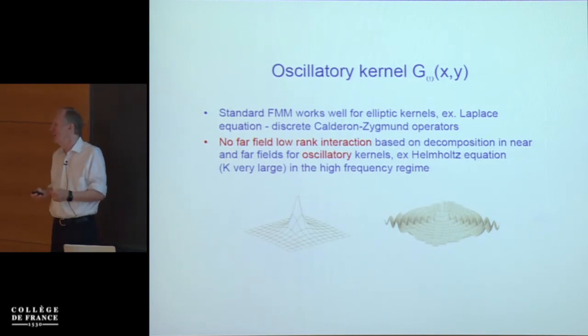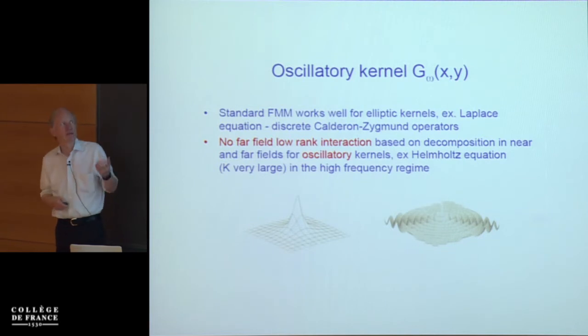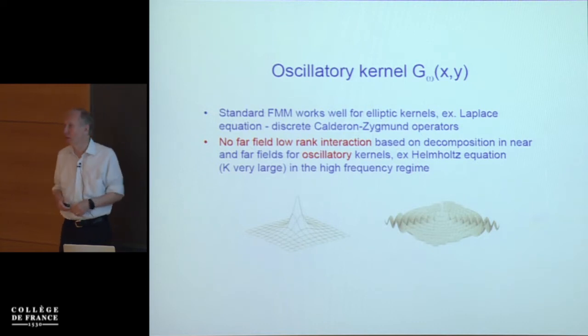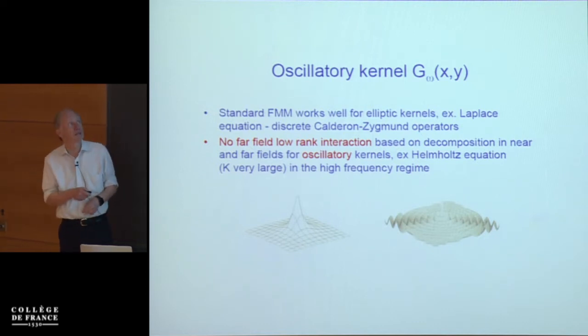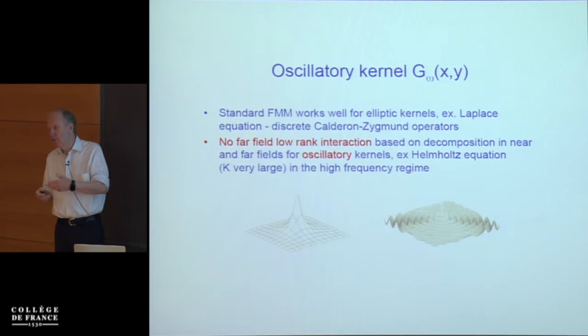Then you could see that it worked, but it didn't work so well. So the algorithm took off when they applied it to an elliptic problem together with his student Greengard at that time. Then once I came back and we worked a little bit on this, we tried to use Hankel functions in the far field, and it never worked so well.